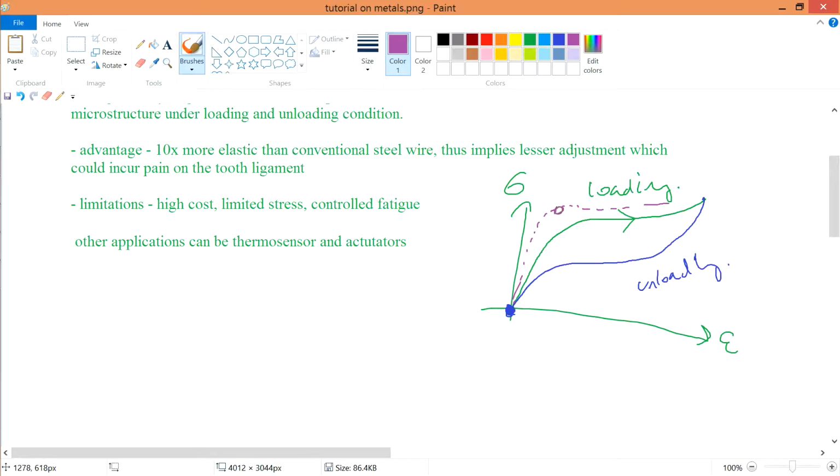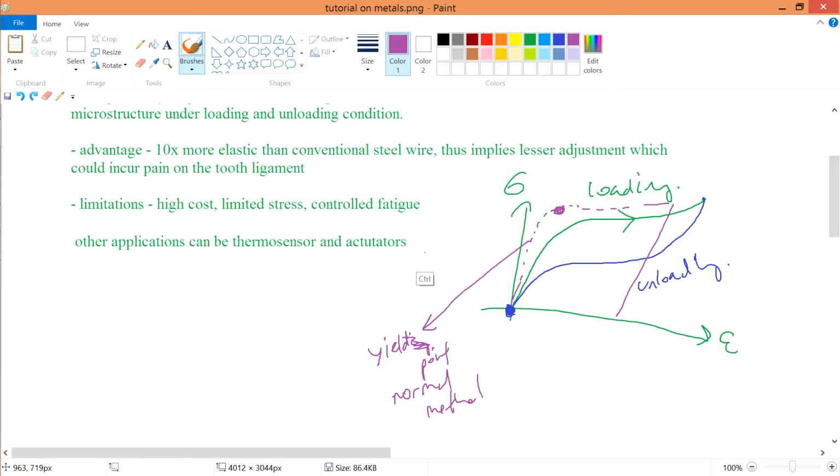I don't know what he has drawn, but he said the yield point, sorry, and then normal metals. So if we want to draw the normal metals, maybe I should draw it better.